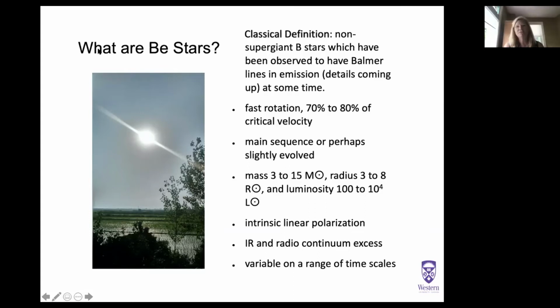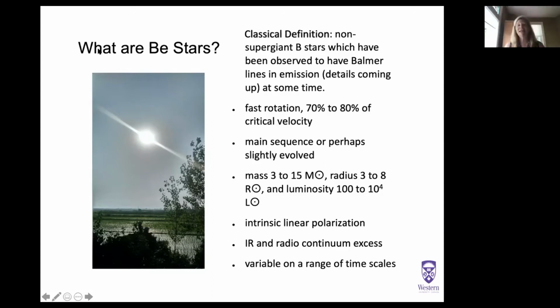The disk has an infrared and radio excess due to free-free emission, so maybe should look a bit redder. Note that these stars rotate really fast. And this photograph that I got from one of my postdocs, Mohammed Gorgeshi, his brother actually took this photo. It even looks like an oblate star in the middle, which is what you might expect to see.